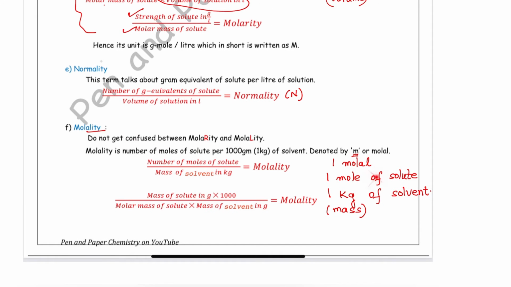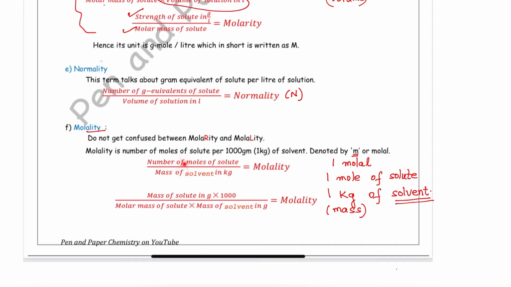Molality, the number of moles of solute present in 1 kg of the solvent. So if I have to determine per kg, I will divide the number of moles of solute by the mass of solvent. Yes, over here, see, we are talking about the solvent, and the mass of it in kgs.